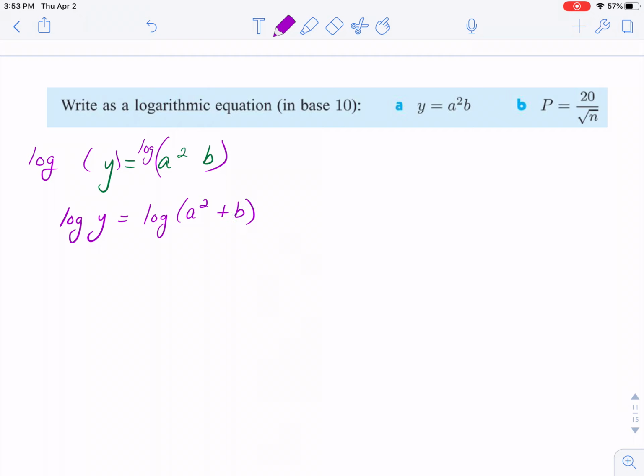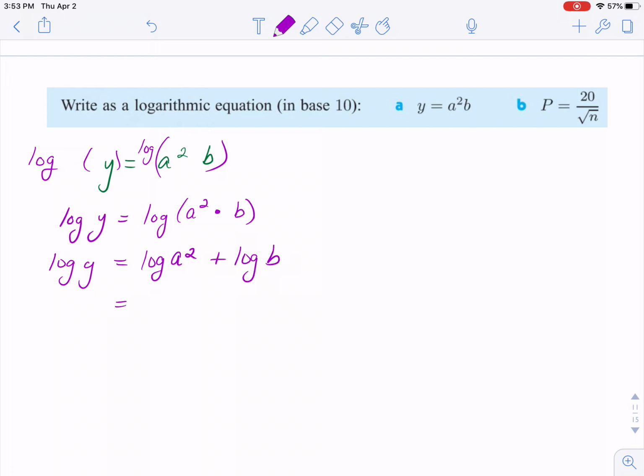Now I'm going to expand that using my laws of logarithms. It's a product, so I'm going to change it into the log of a squared plus the log of b.